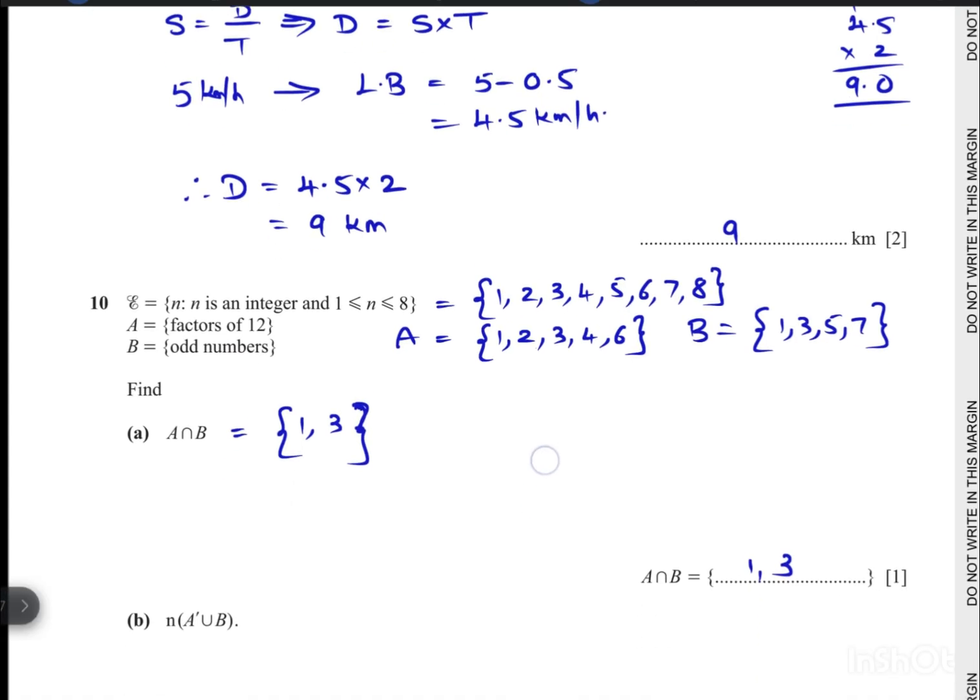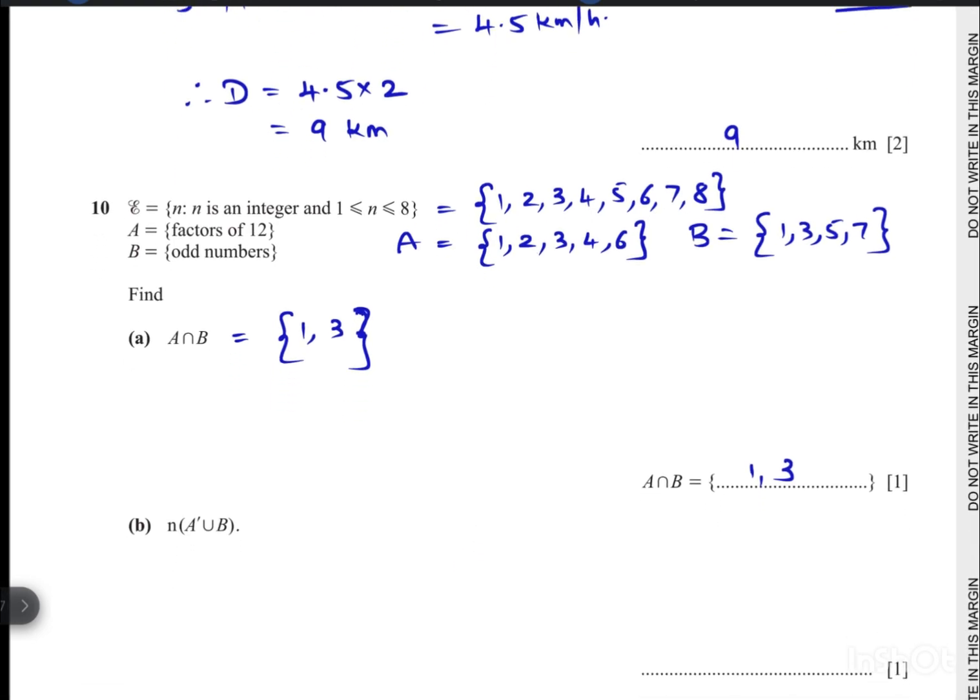Then question B, number of elements in A complement union B. First of all, let us find out what A complement is. A complement is the universal set subtracted, that means leaving all elements of A, you have to write the remaining. So from this universal set, if I remove these, what will be left? 5, 7, and 8 will be left.